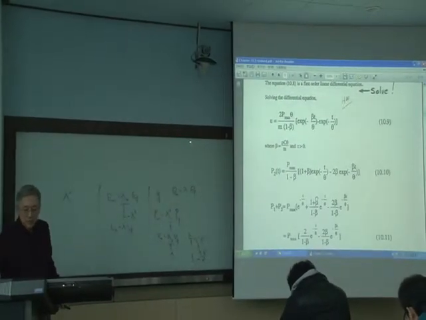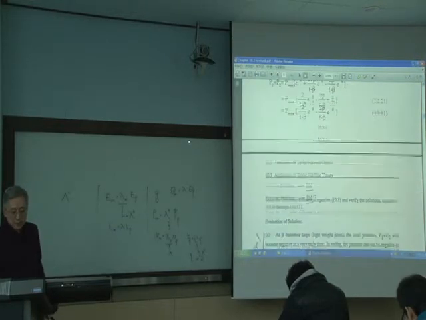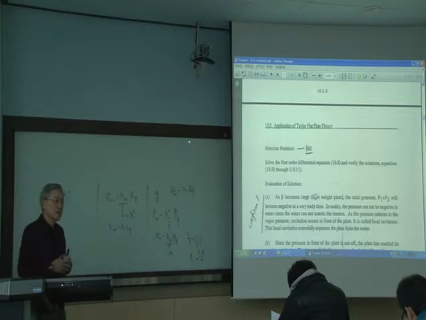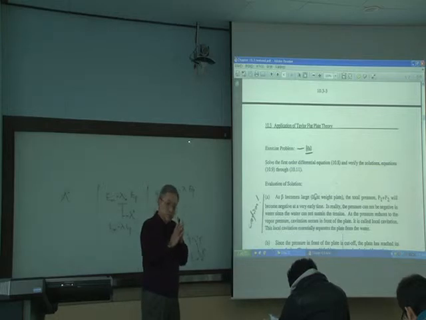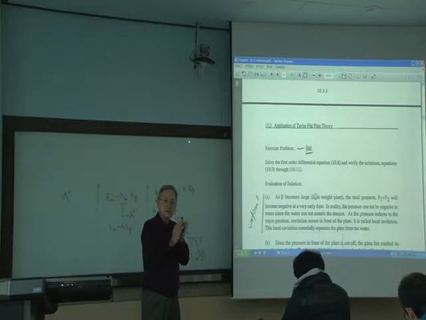Then you can add the P1 and P2 together, and that's the pressure experienced by the plate right at the surface of the plate. So if P1 plus P2 is equal to 0 or very close to 0, what does it mean? Cavitation occurs right on the surface of the plate, you see?